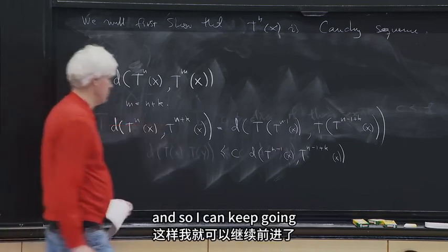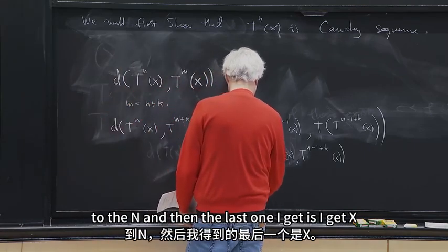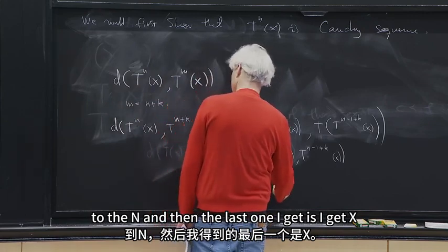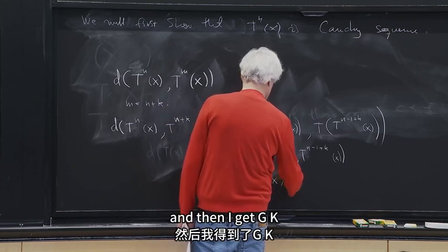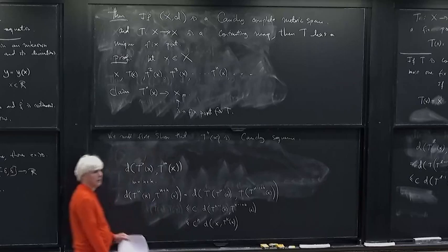And so this is less or equal to c^n times the distance between X and T^k of X.